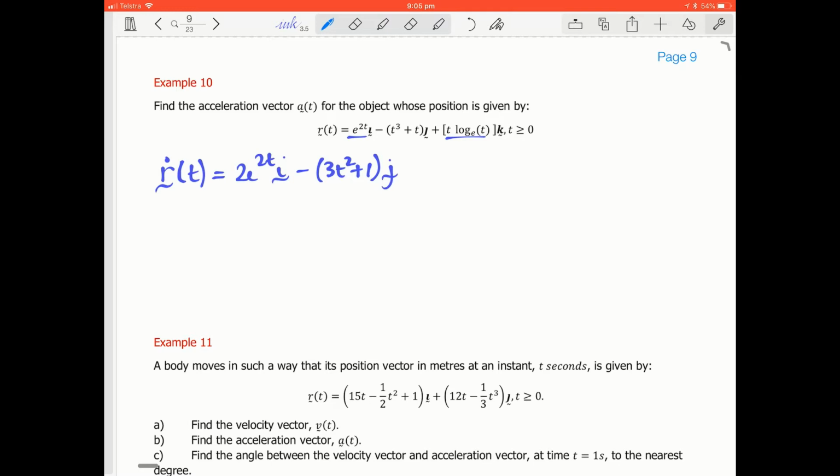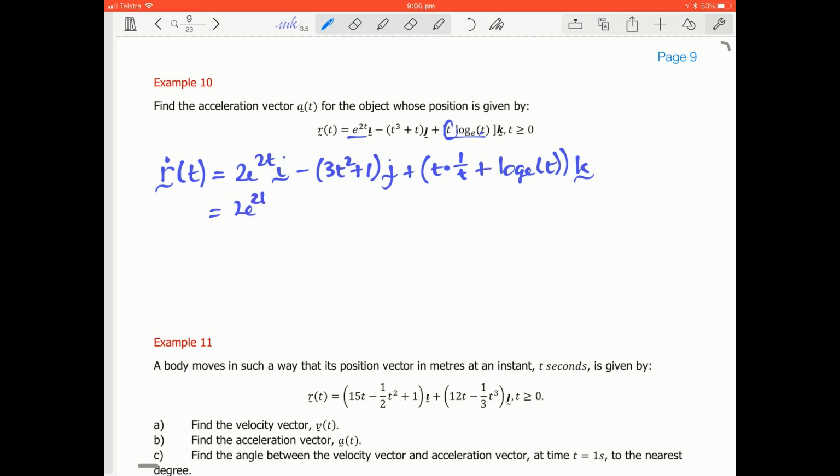This last one we're going to have to use a product rule, so plus, I'll leave the t alone, so t, and then I'll derive log e t, which is times 1 on t, plus, derive the t, we get 1 times log e t, k.